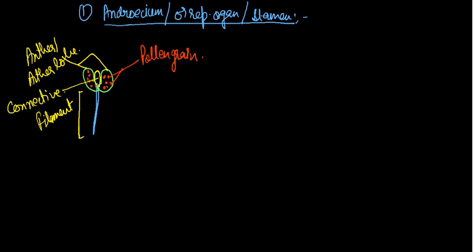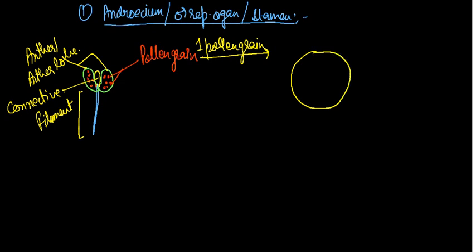But first we have to discuss the pollen grain, because pollen grain is most important. Now when we see one pollen grain, whatever structure is there is the most important structure. You have to draw the structure simply like this, and above that, this structure.